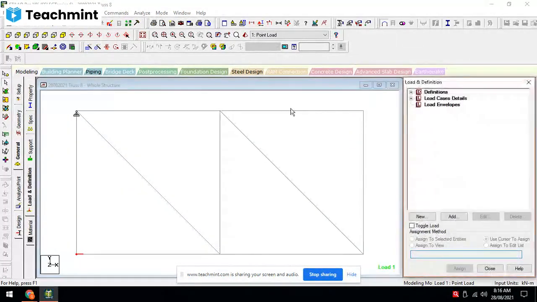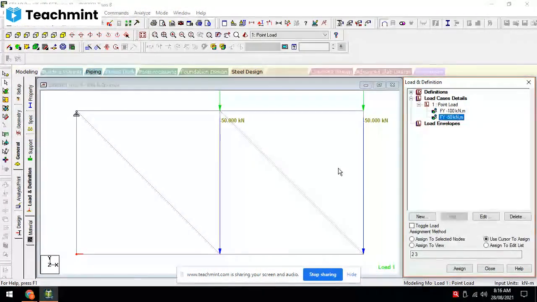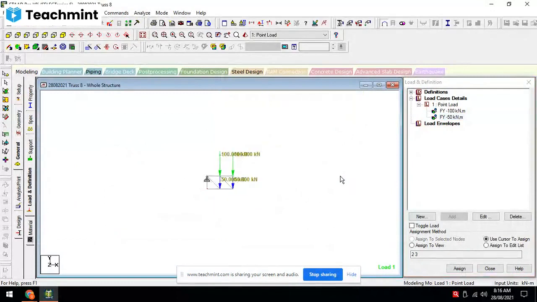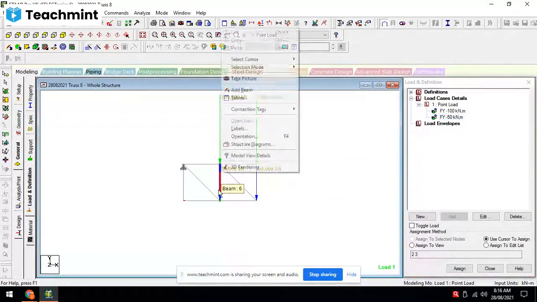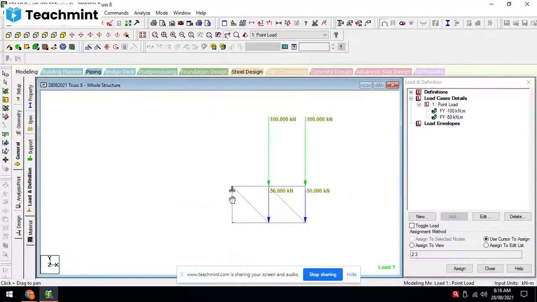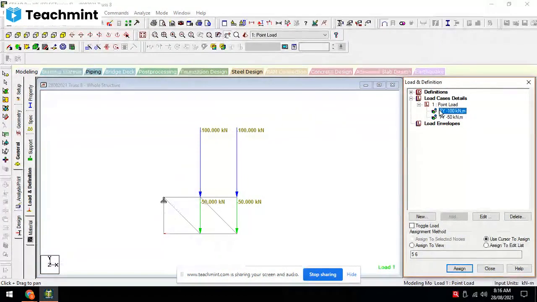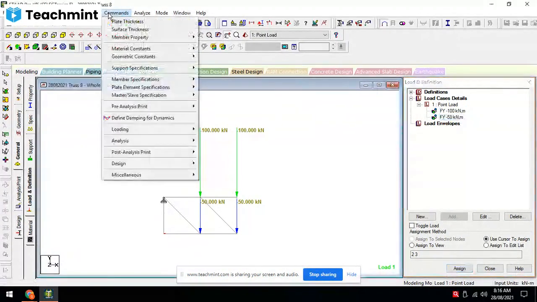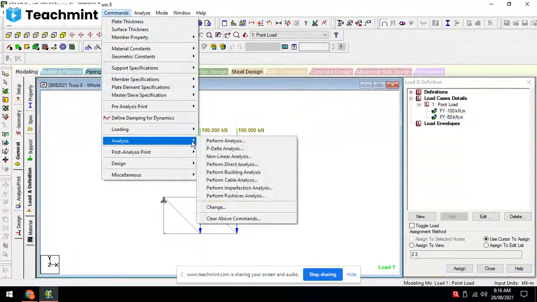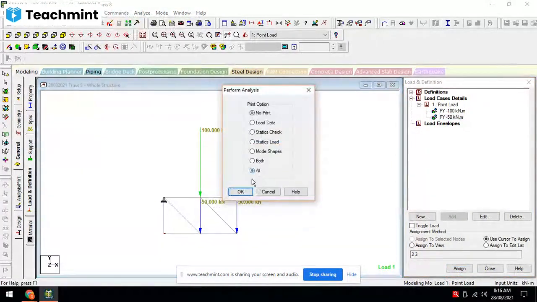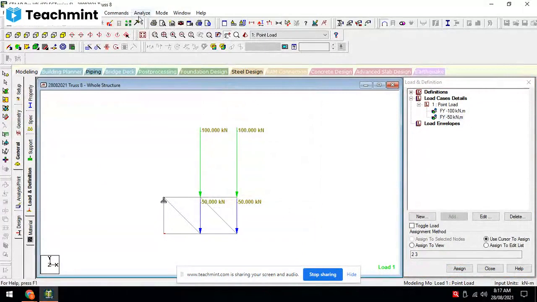Now I will go to the load, as I already assigned the load 100 kilonewton and 50 kilonewton. You can see, okay, 100 kilonewton and 50 kilonewton. Now next is command, perform analysis, all okay, then run analysis.